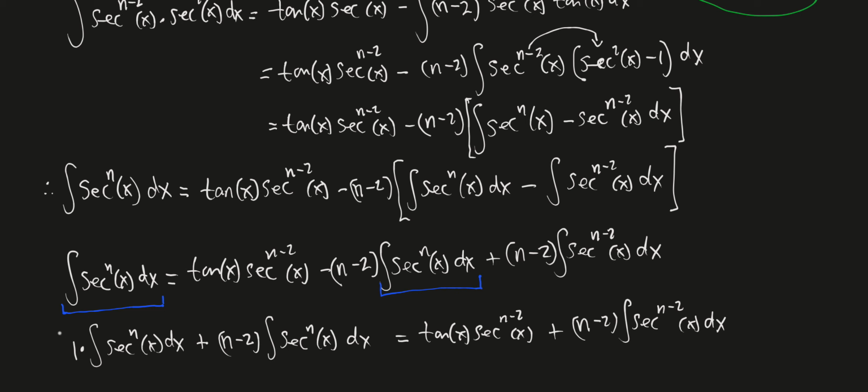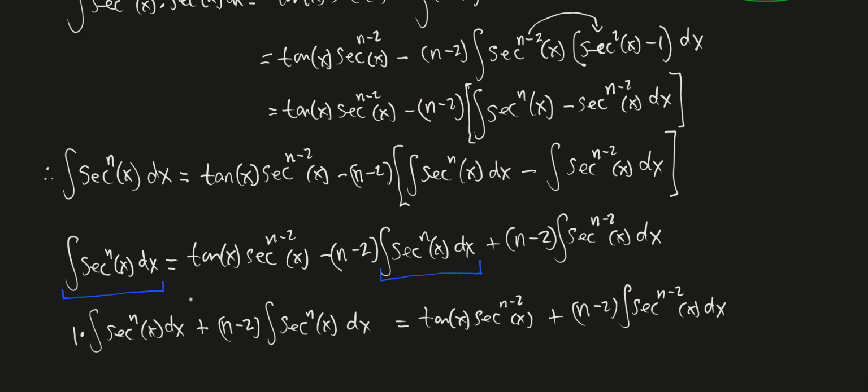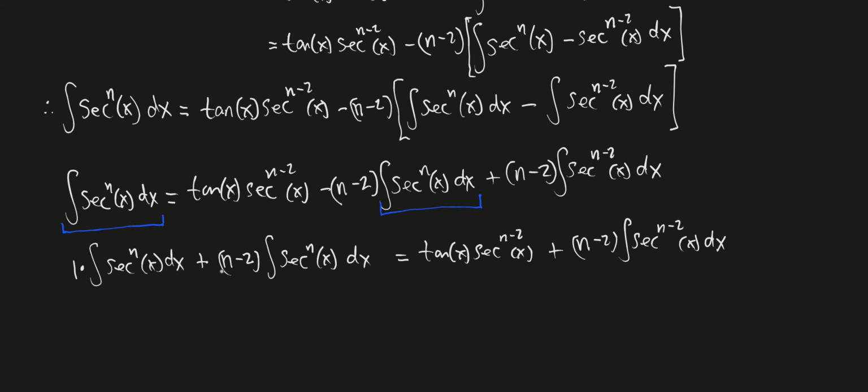It's just like taking, for instance, 1 times t plus n minus 2 times t. So you add the coefficients when you're adding like terms. These are like integrals, so you add the coefficients. So if I take 1 and I add n minus 2, I'm going to end up with n minus 1.